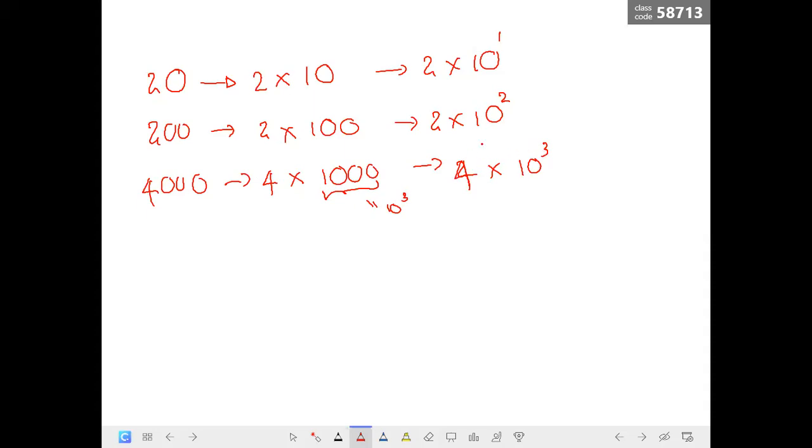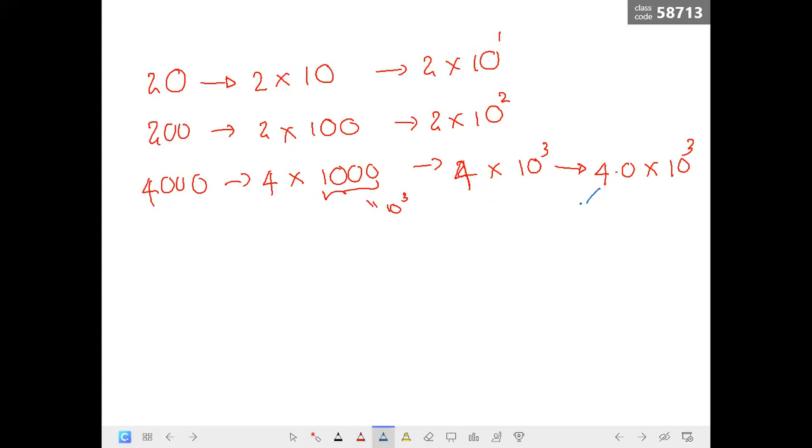Then we can write it this way. When you write this way, you can find several parts. If you wish, you can write like this: 4.0 multiplied by 10 to power 3. Then you can find the 3 parts I explained previously.